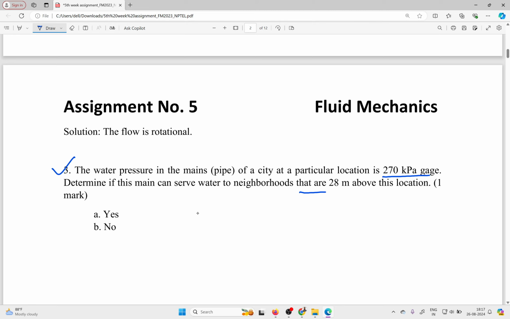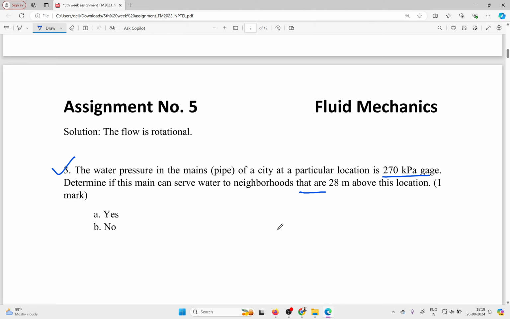So at a particular location the pressure is 270 kilopascal gauge. Let's suppose a house is 28 meters above the location where you have measured 270.